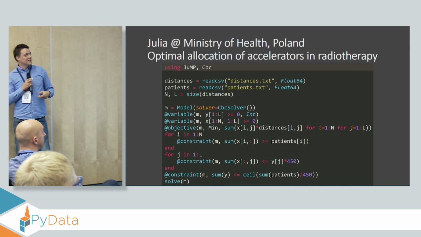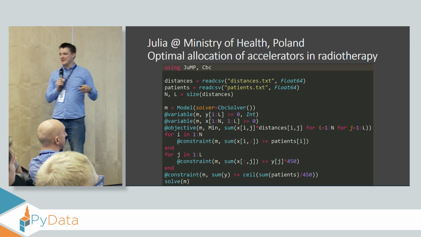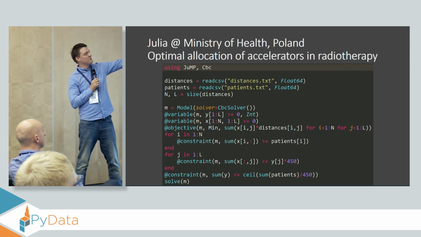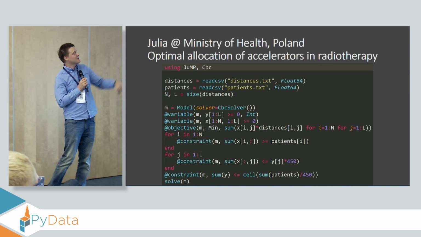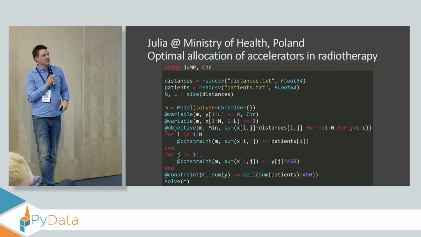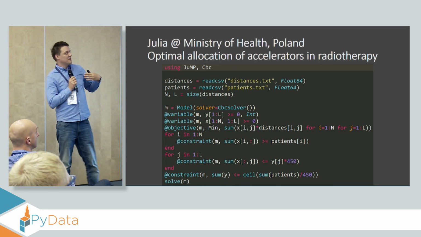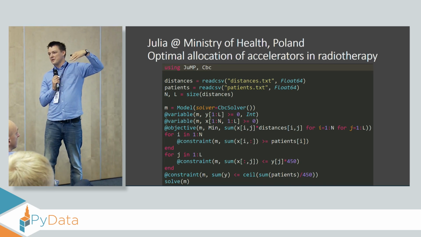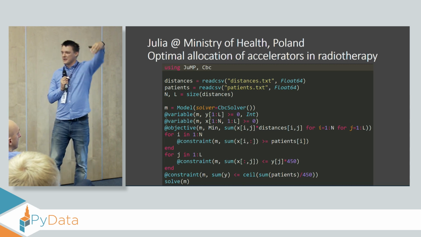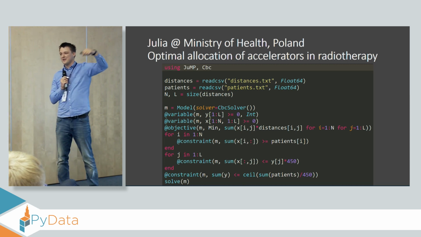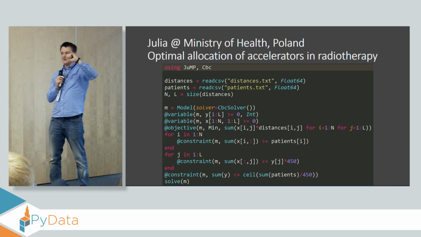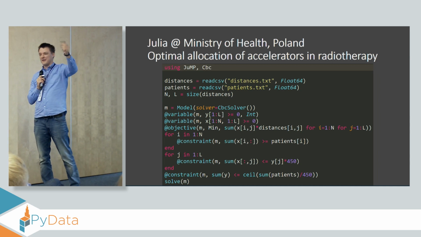And actually, they came to me, and one of the problems they had is optimal allocation of accelerators in radiotherapy. So what you have to do: you don't have the possibility to have an accelerator in every city because they are very expensive.